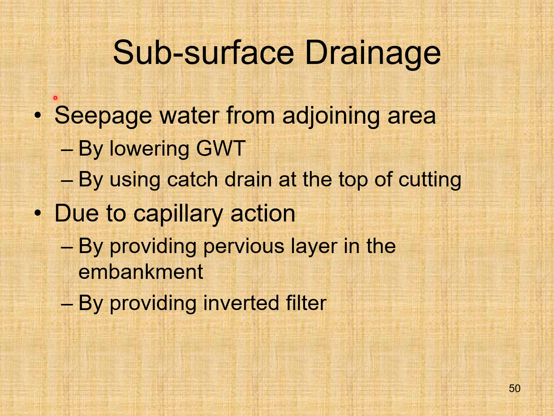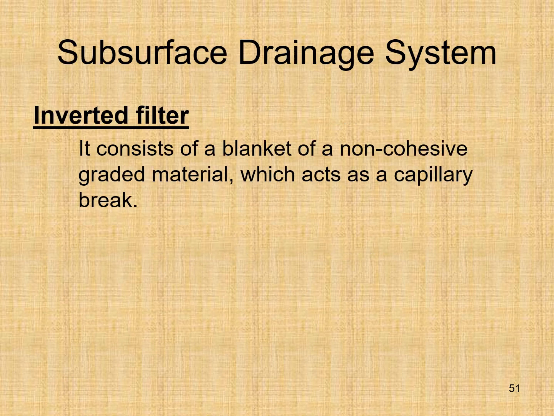Subsurface drainage. Seepage water from adjoining area by lowering groundwater table, by using catch drain at the top of cutting, due to capillary action, by providing pervious layer in the embankment, by providing inverted filters. So these are the options which can be considered. So inverted filter. It consists of a blanket of non-cohesive graded material which acts as a capillary break.